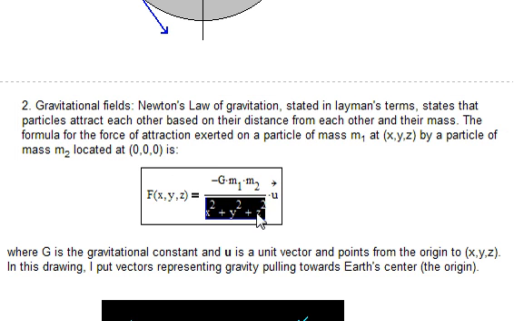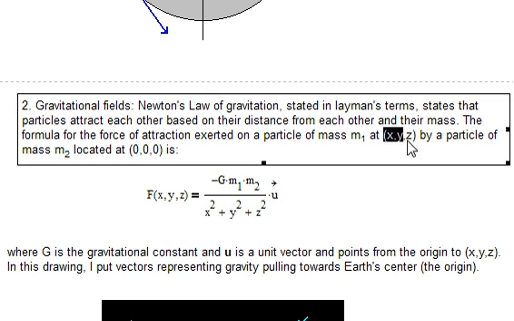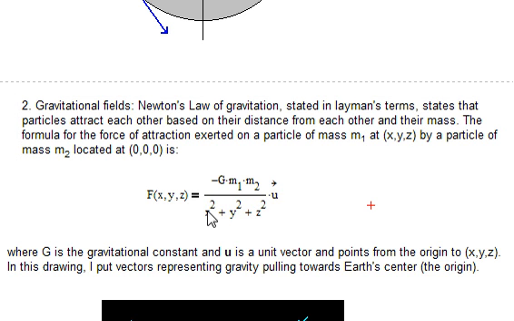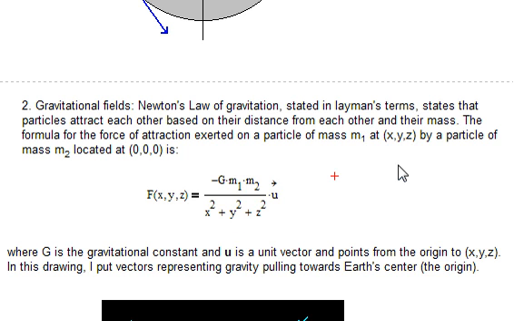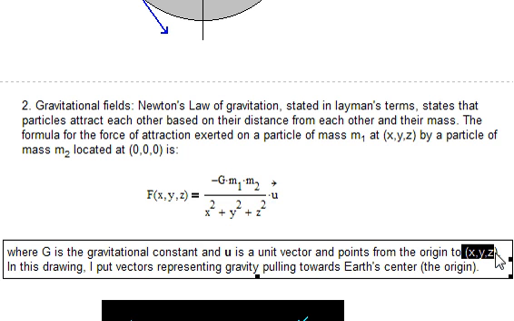Notice this is the square of the distance from x, y, z to the origin. So it's inversely proportional to the square of the distance and proportional to the product of the masses and the gravitational pull, and a unit vector, right? It's a unit vector that points from the origin to the point x, y, z.